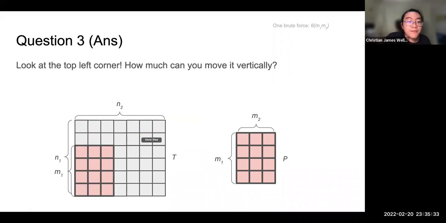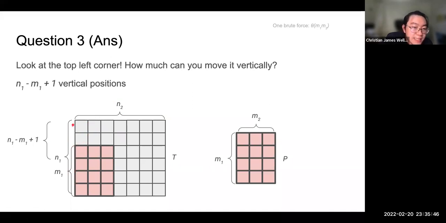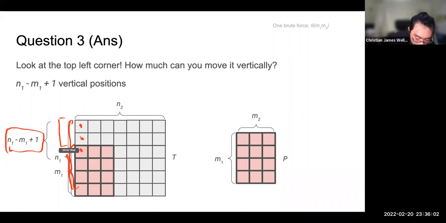If you look at the top left corner, how much can you move it vertically? In this example, I illustrate vertically first. Because this is size M1, the top left corner can only move vertically in N1 minus M1 plus 1 positions. There's N1, take away M1, and then add 1 to it.